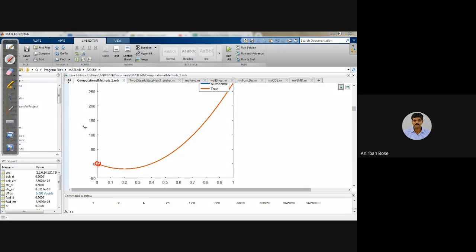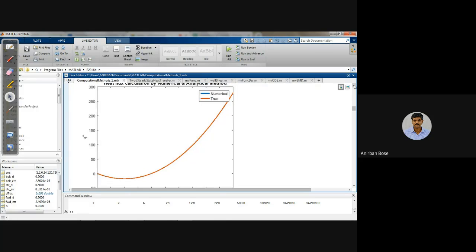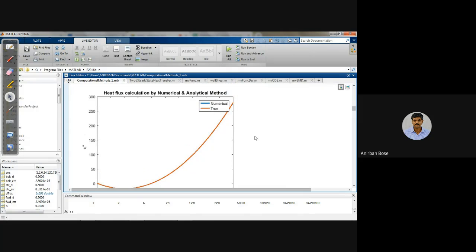If you consider only the end points, maybe some deviation is there, but that is negligible as you have increased the number of intermediate points. In this way we can solve practical problems using numerical differentiation with the finite difference formula. Okay, thank you.